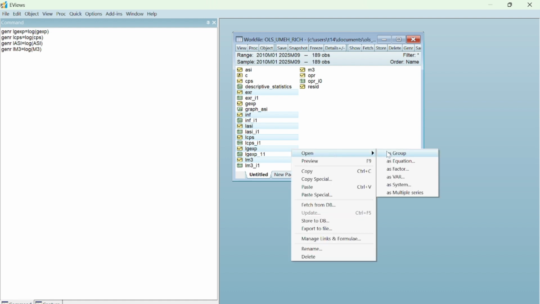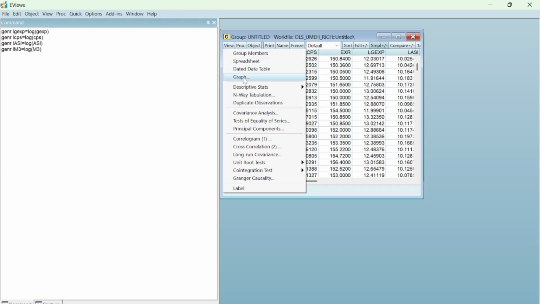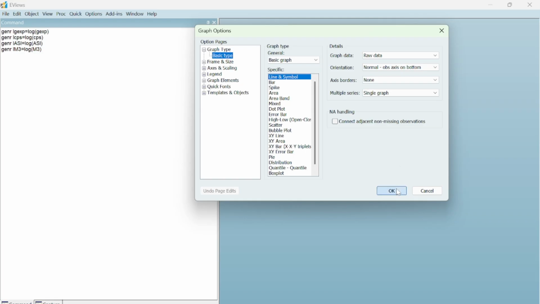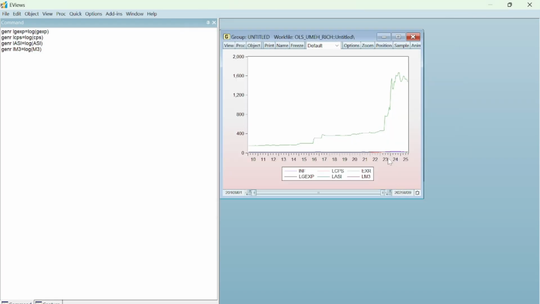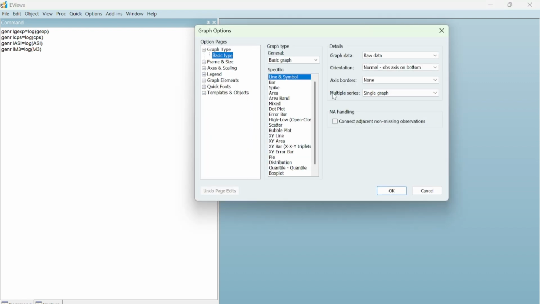We'll open as group, and then we'll say view, and then graph. Let's look at the variable. Okay, you can see we have the issue. Exchange rate is the one that is appreciated. Let's see whether we can make it better by changing the angles of the graphs.